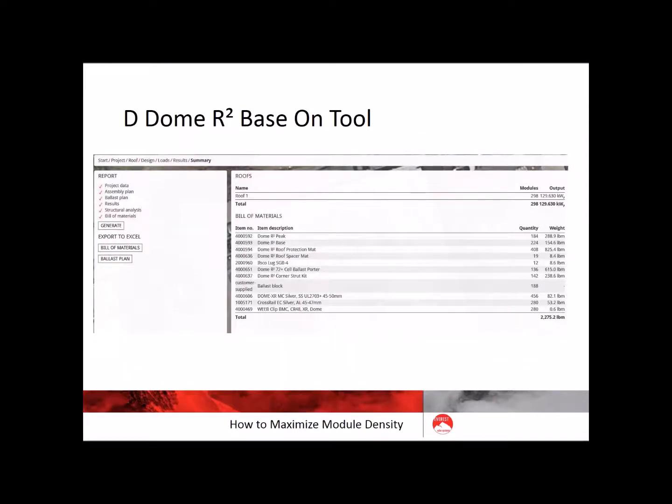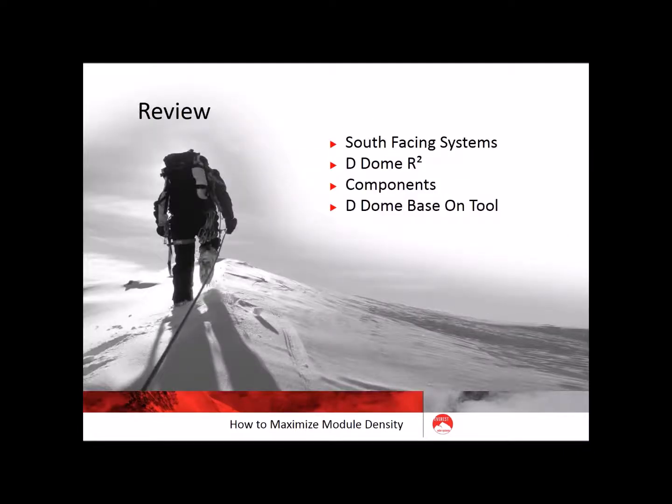As I mentioned before, once you have the design laid out, the ballast plan, it'll give you a list of materials, and then this can be printed out and taken to a distributor for a quotation. Just to recap on what we talked about today, we talked about traditional south-facing systems, how they have some advantages and disadvantages, particularly with inter-row spacing, and how we've taken advantage of that with our DDome Rsquared system, where we don't have as much inter-row spacing as you'd see in a traditional south-facing system.